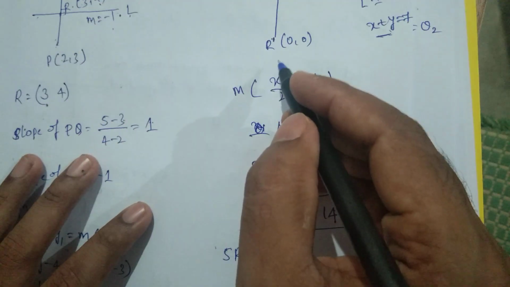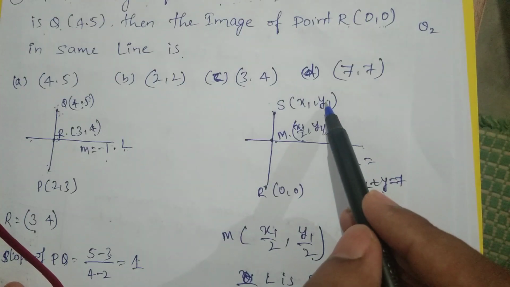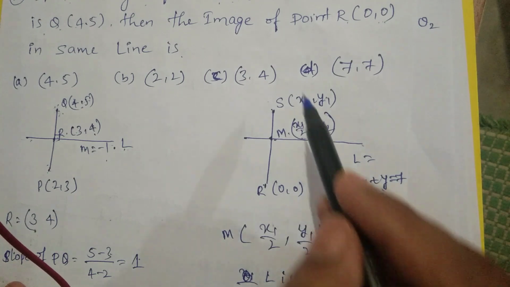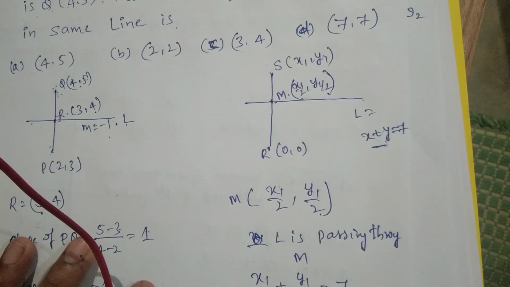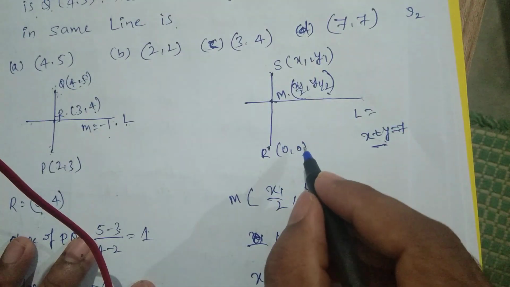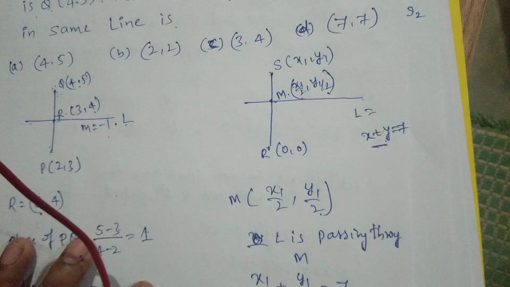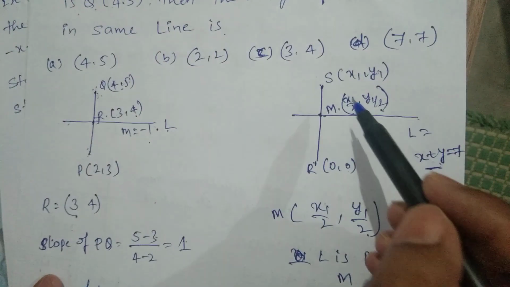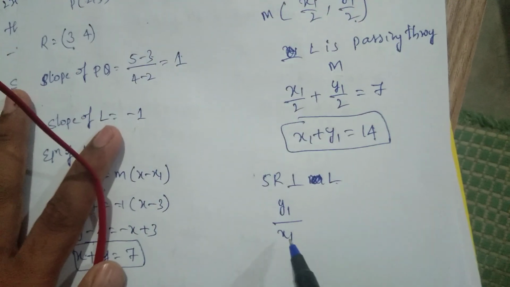What is the slope of this line? (y2 minus y1) divided by (x2 minus x1), that is y1 minus 0, y1, divided by x1 minus 0, which is y1 by x1.